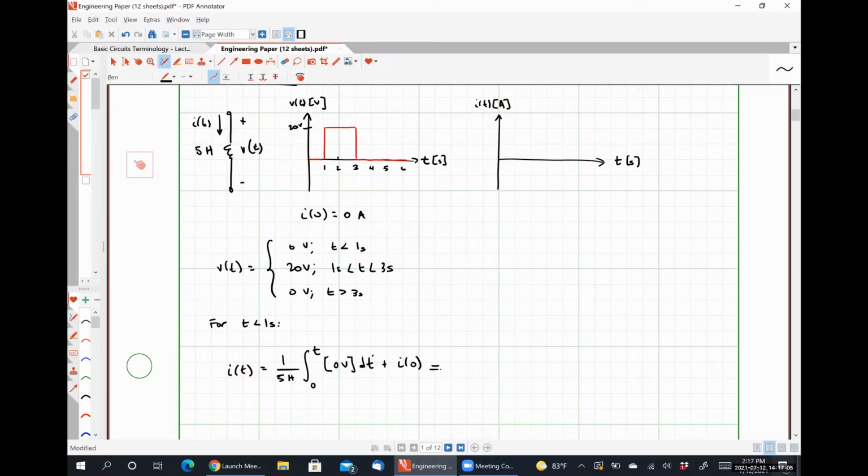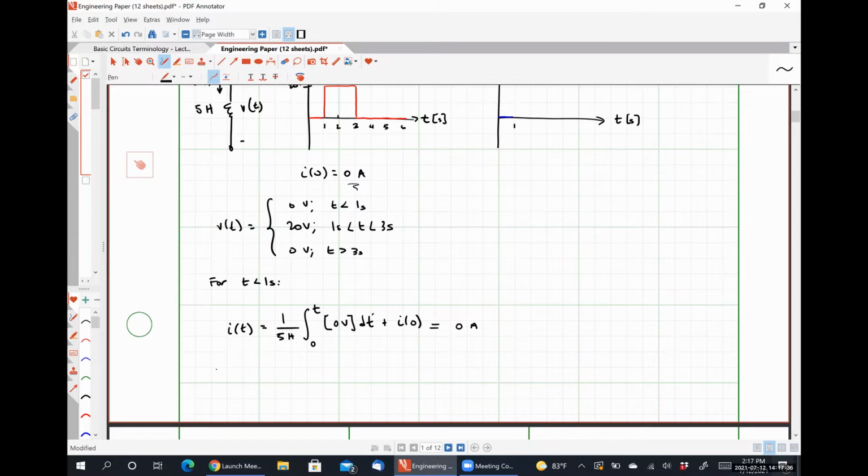What would the result of this integration be? It'd just be whatever the current is at 0. Right, which is listed right here as 0 amps. So over this particular time interval from 0 to 1, our current is exactly 0 amps.